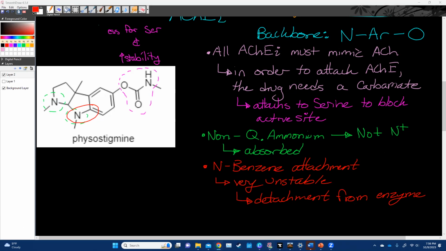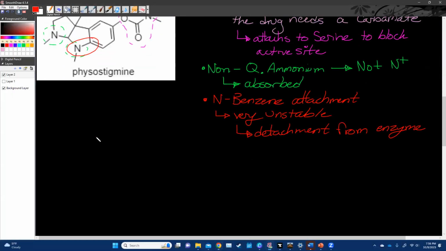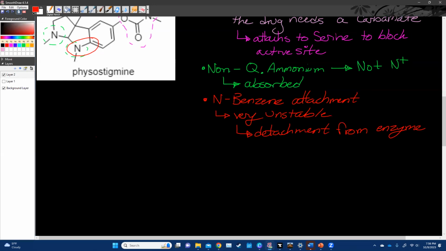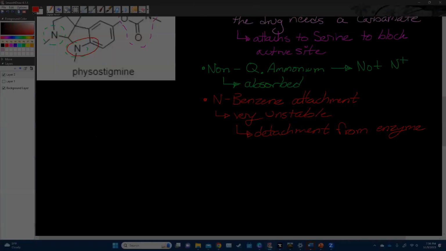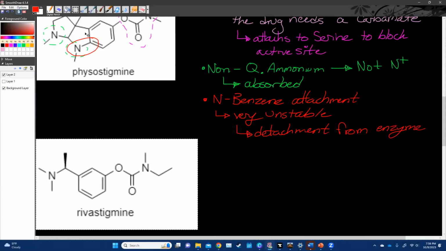So, in order to solve this issue, what was created was rivastigmine.